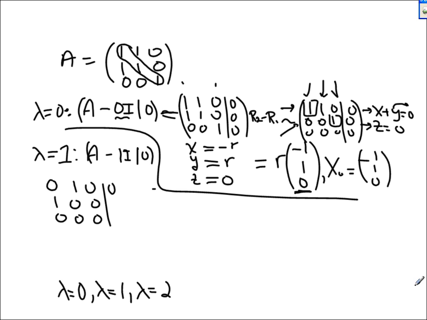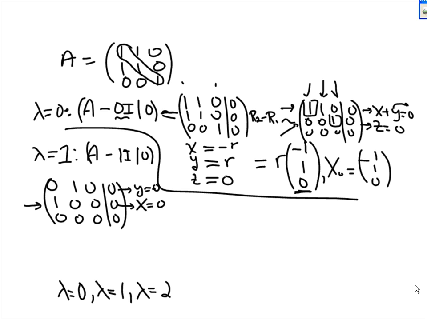I augment this with the 0 vector. Now, if you want to say that that's not in RREF form, fine. But the bottom line is we have all the answers. This tells me that x is 0. This line tells me y equals 0. And I'm told nothing about z.